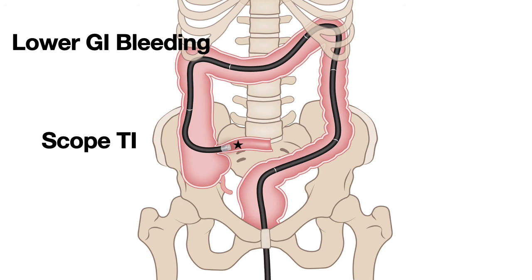And try to do it within the first 12 to 24 hours after the admission, and use an adult colonoscope with a 3.2 to 3.7 millimeter channel, and try to get into the terminal ileum and figure out whether it is only a lower GI or a colonic bleed, or is the bleed coming from higher up.